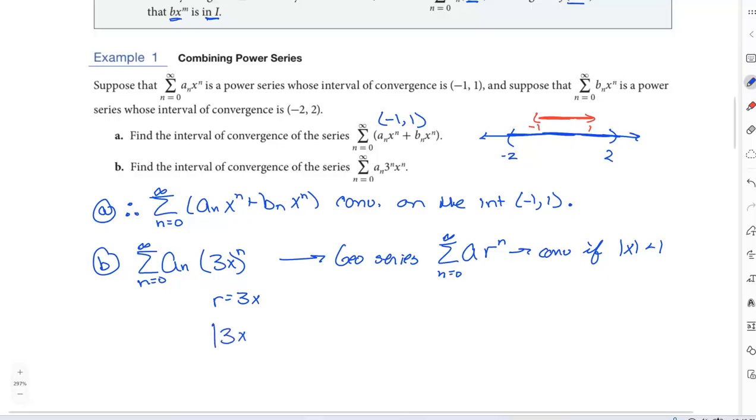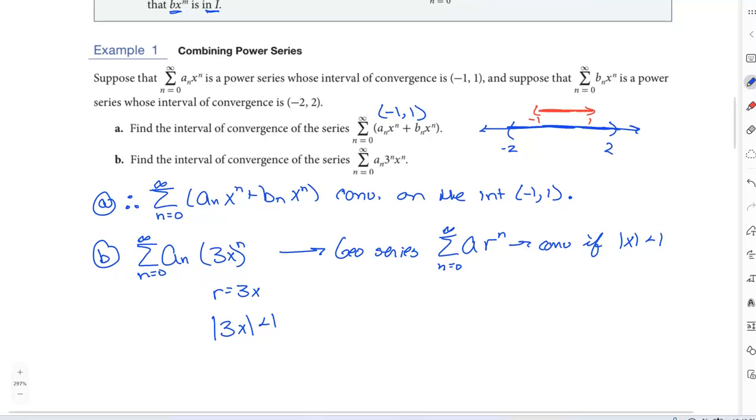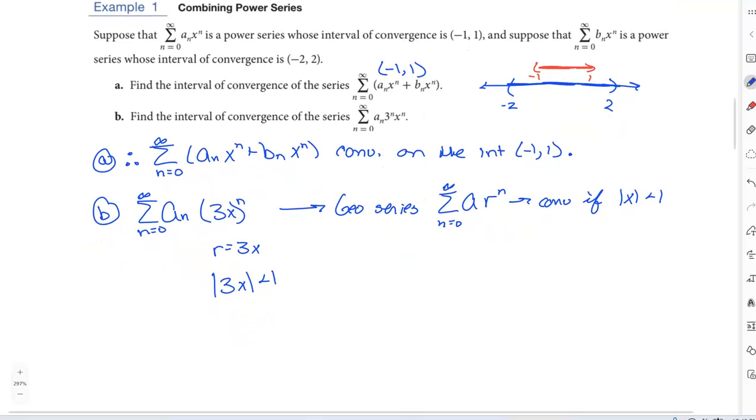So if the absolute value of 3x is less than 1, and we could rewrite that as 3x is wedged between -1 and +1, we're going to get our interval of convergence to go from -1/3 to 1/3. So the interval of convergence is from -1/3 to 1/3.